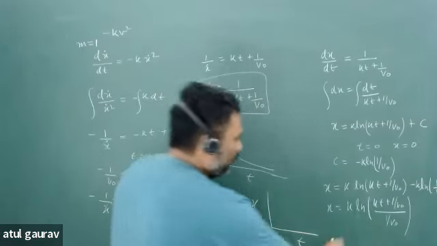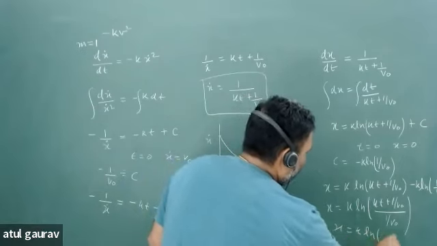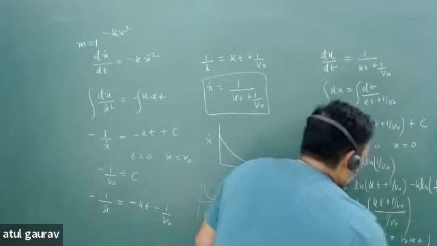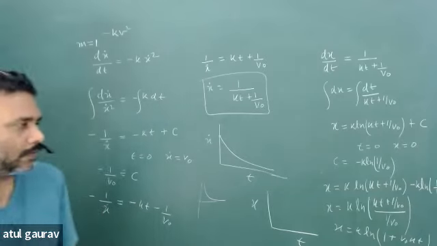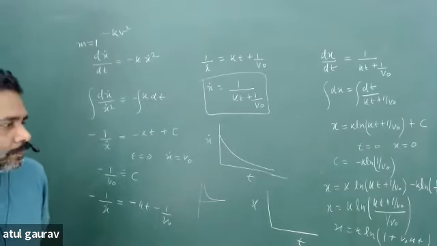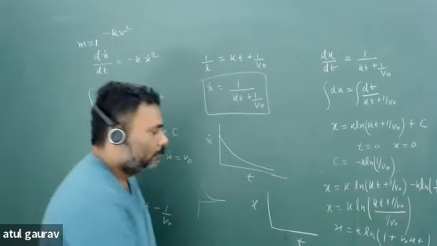Which type of plot is there? x is equal to (1/k) ln, you can have 1 plus v naught kt. Okay, so this type of plot is there. So how will this plot look? At t is equal to 0, you are just at 0.